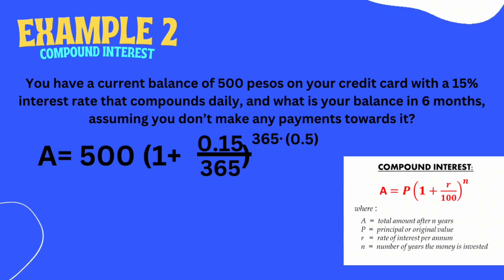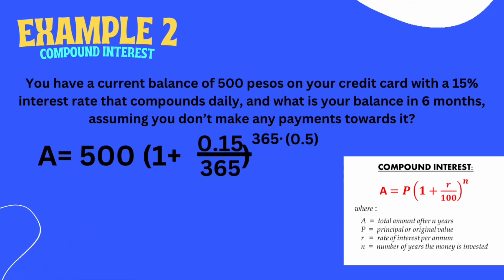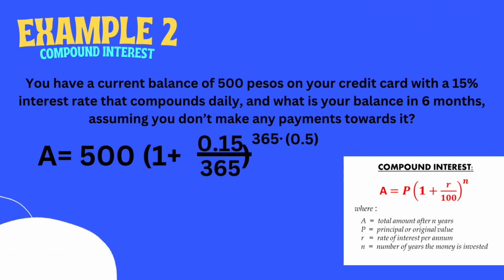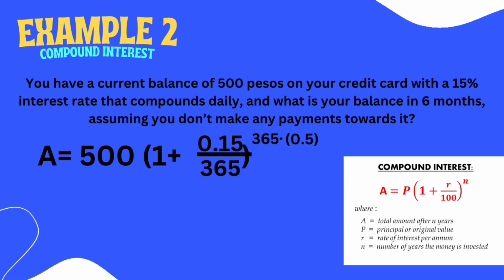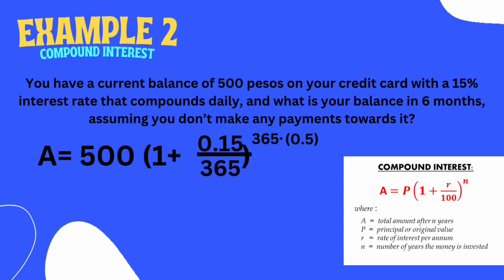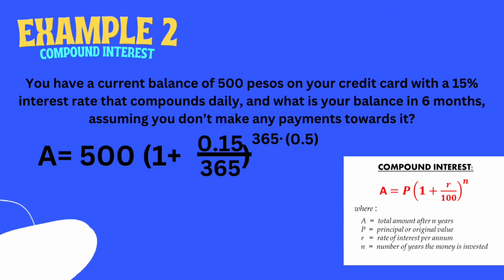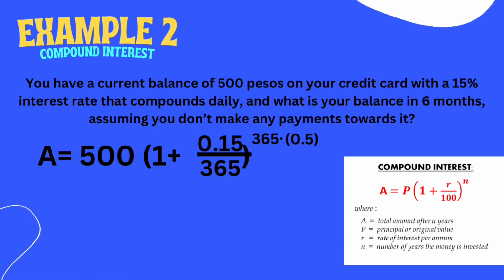And the variable N is equal to 365 because N is the number of times compounded each year. And if compounded daily, it compounds 365 times per year. Then T is 0.5 because 6 months is half a year, 0.5.